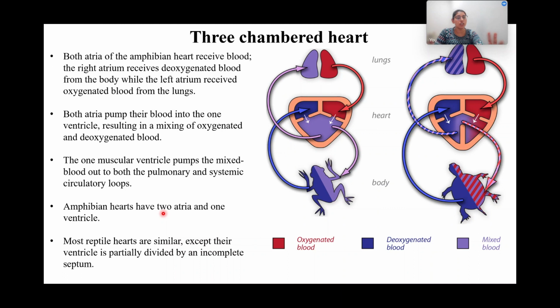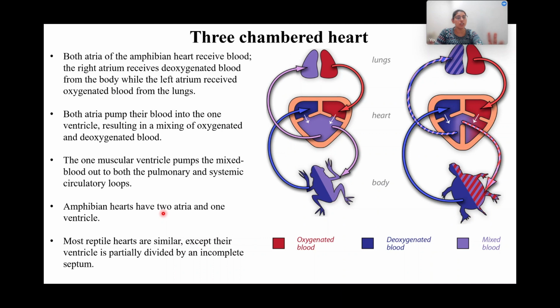Just now you saw that in the fishes, you had only one point of entry of deoxygenated blood, and that was moving out to go to the gills. But here in the three-chambered heart, it has further bifurcated so that the heart receives both the deoxygenated blood and the oxygenated blood, so that it is responsible for transporting this blood to different organs for different purposes.